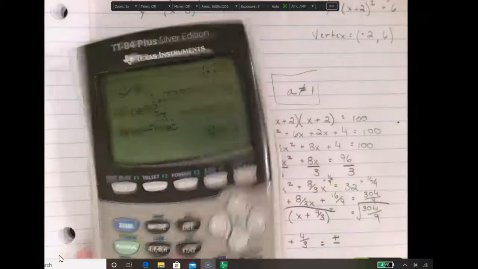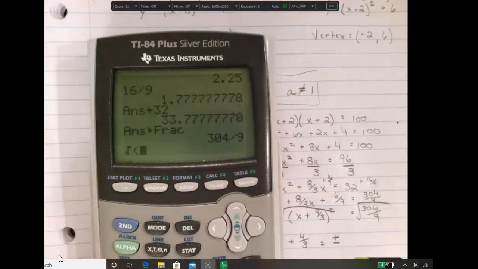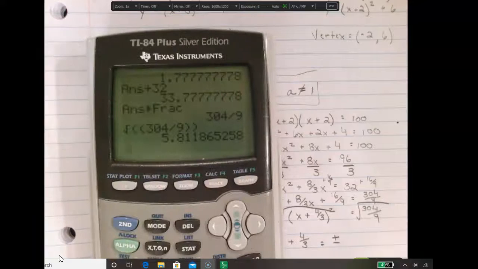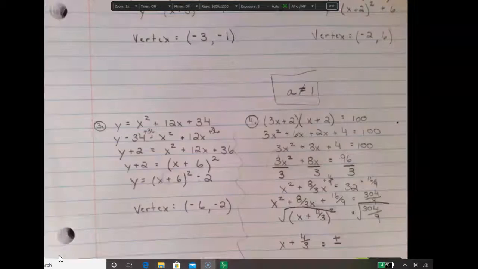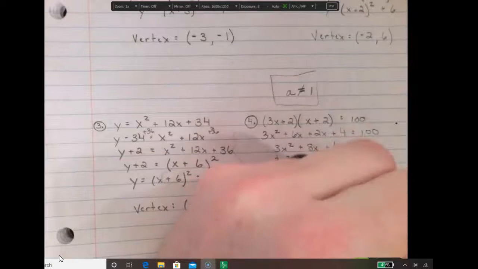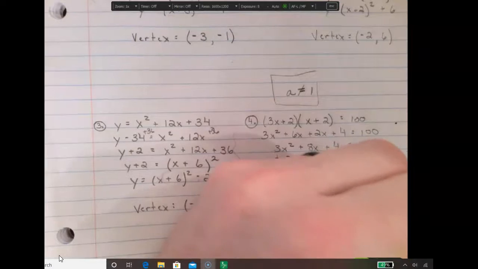We can come over here to our calculator, make it a little easier on ourselves. So take the square root of 304 divided by 9. It comes out with a decimal. I would probably round this and just leave it at 5.81. We'll just go to 2 decimal spots. So 5.81.